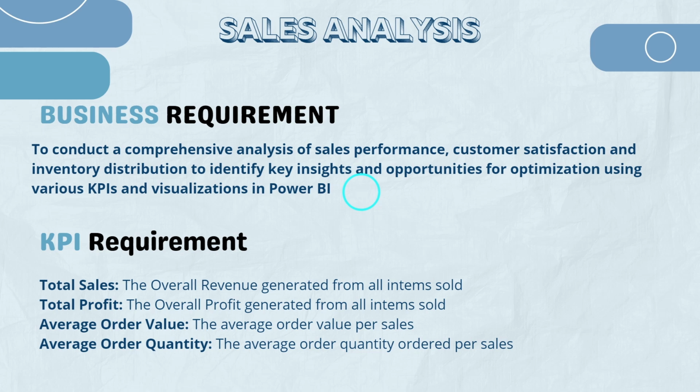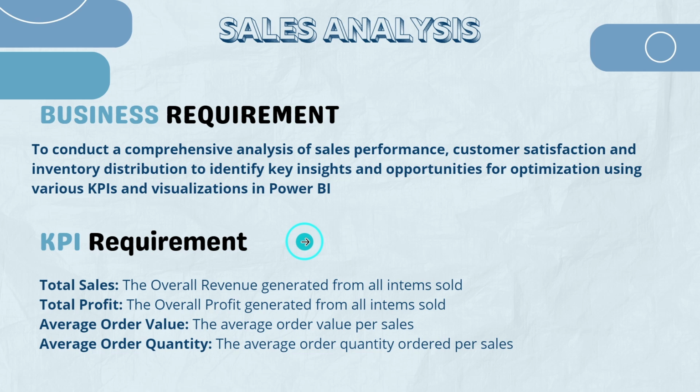This is the business requirement basically, and what we have to do is conduct a comprehensive analysis of the sales performance, customer satisfaction, and the inventory distribution. And based on that only, we will identify the key insights or the metrics by using various KPIs and visualizations in Power BI. So they have also mentioned the important KPIs that they would be requiring.